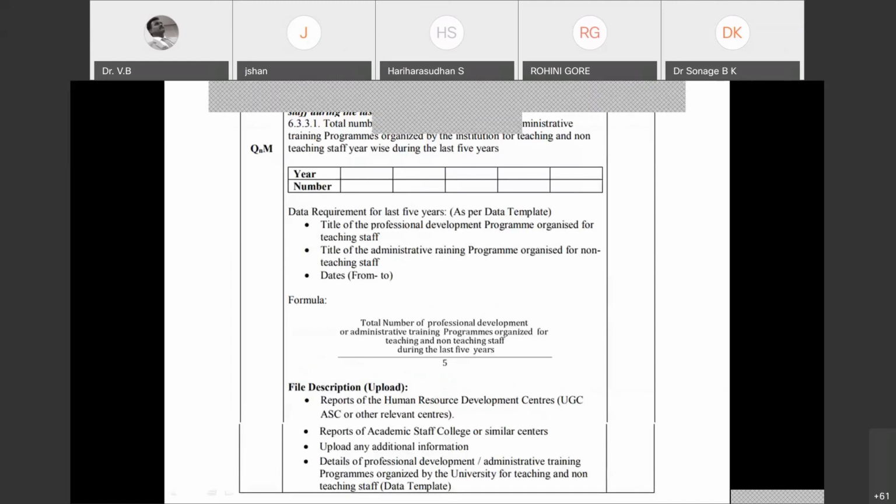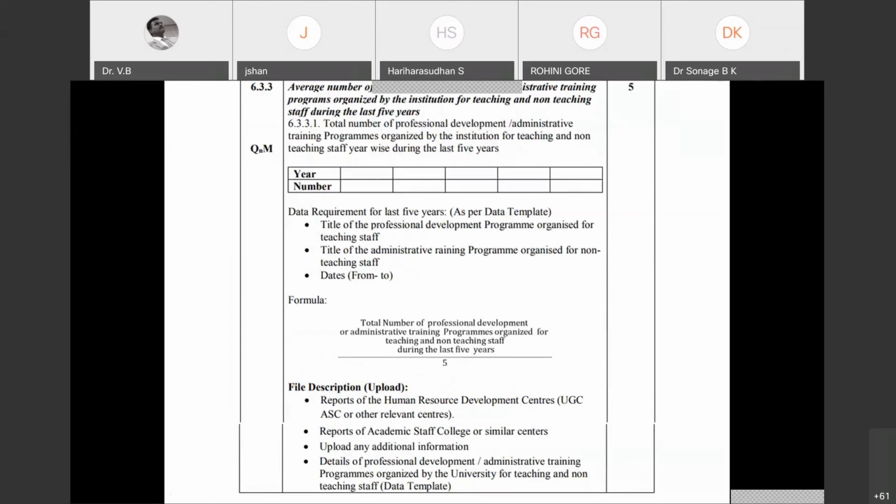Next is average number of professional development and administrative training programs for teaching and non-teaching staff. So for teaching staff, whether any orientation programs or faculty development programs, it can be either in-house programs that have been organized, or it can be programs organized by third parties inside the campus.